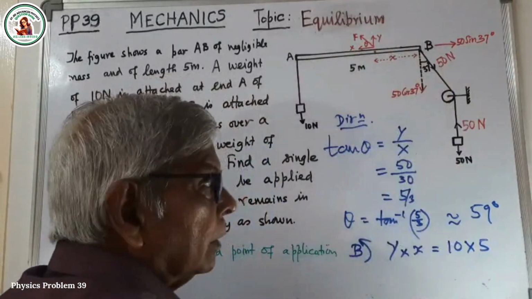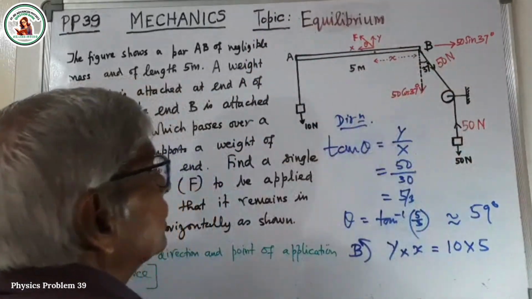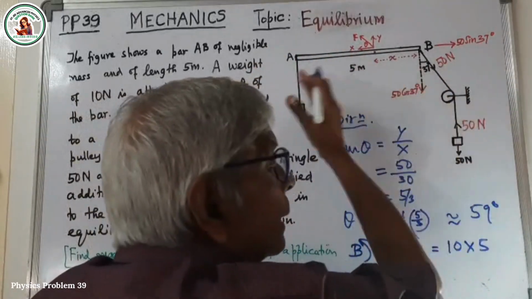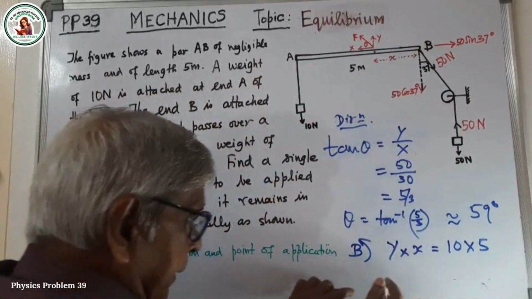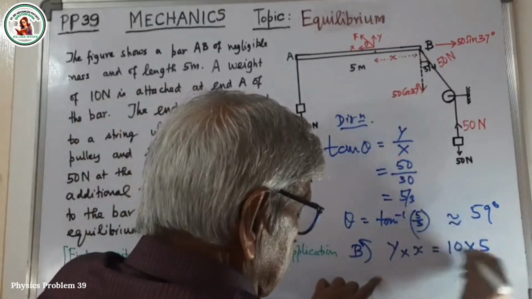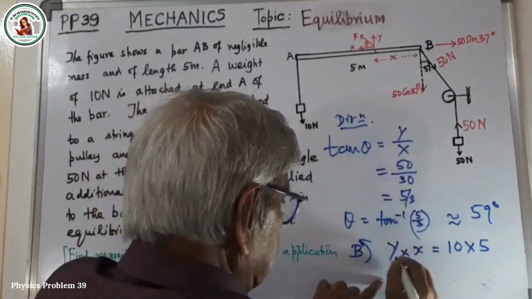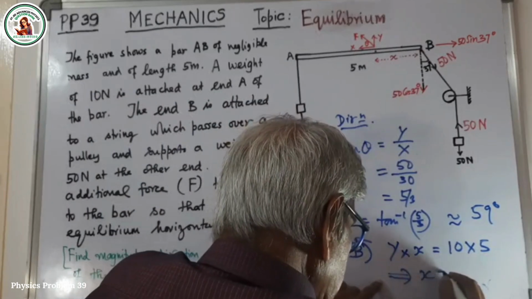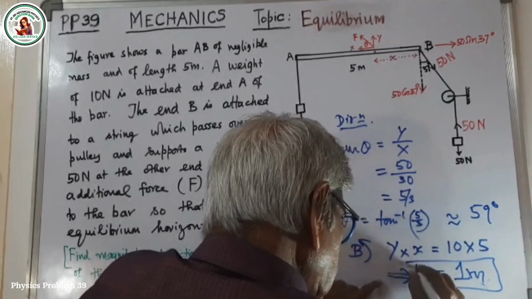Clockwise and anti-clockwise torques are balanced, so this will remain without rotation. Equilibrium means it should not move in a linear direction, and it should also not rotate. So rotation is prevented by this torque equation, where Y we already know is 50. So 50 X equals 50, which implies X is equal to 1 meter.